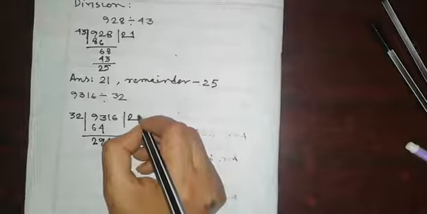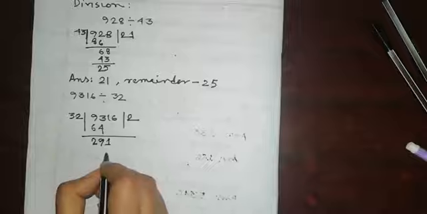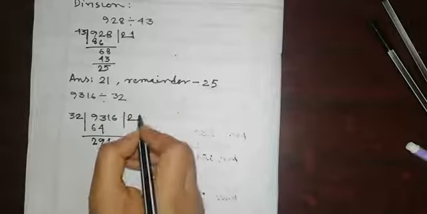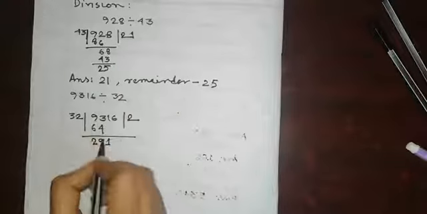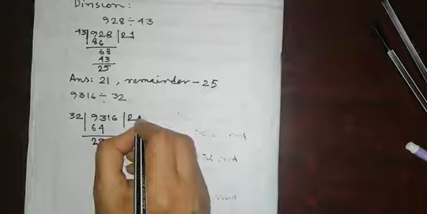Look at them, 9 2s are 18, so 8 and carried 1, and 9 3s are 27 and 1, 28. So it is possible, isn't it? So we can put 9. 9 2s are 18, so 8 also carried 1, 9 3s are 27 and 1, 28.